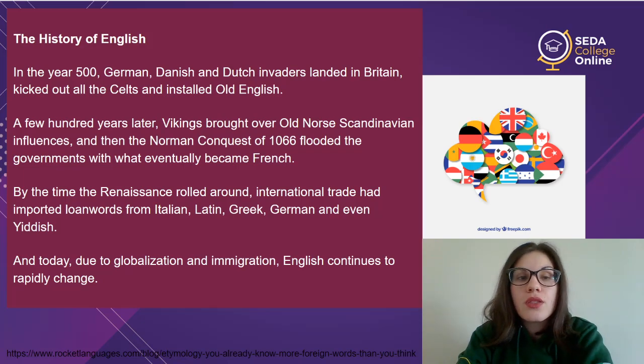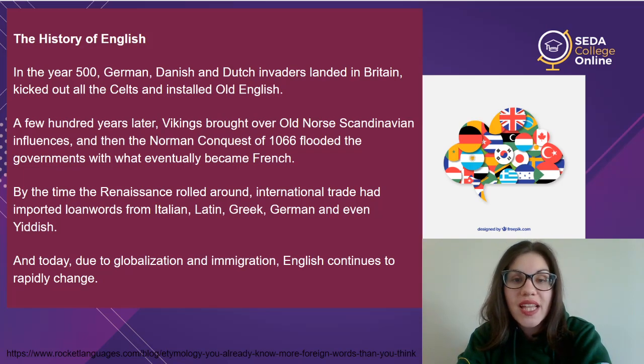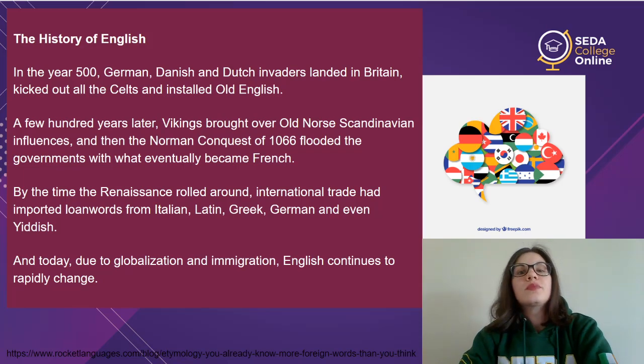And then the Norman conquest of 1066 flooded the governments with what eventually became French. So we have German, Danish, Dutch first, the core, the Germanic languages. We have Scandinavian Norse influences and Norman, which is the French.